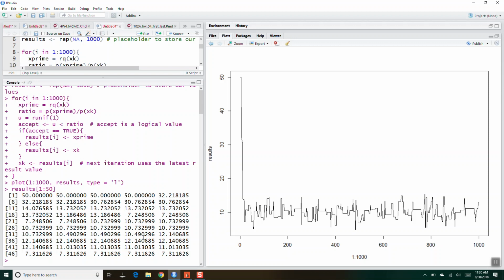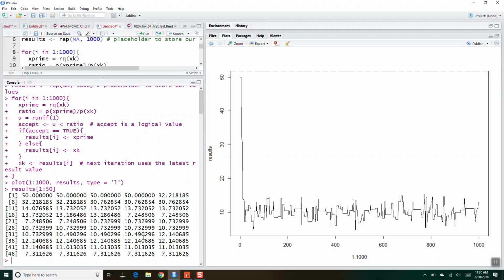Because our proposal distribution is uniform, centered at where we are, plus or minus 20. If we are at 10.732, we might be proposing values anywhere from negative 9 point something to positive 30.732, okay? And so if I propose a value like -9, -8, -7, those are all going to be rejected.